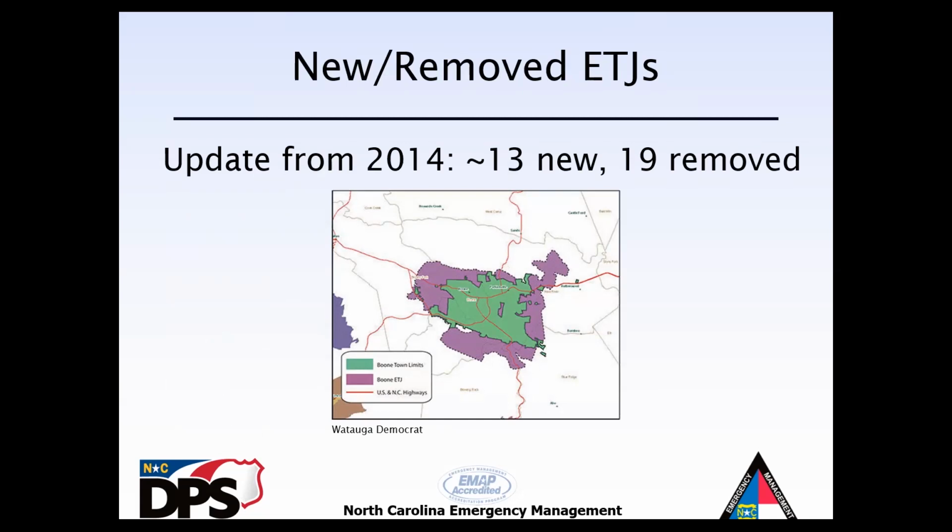From what I understand, this was a somewhat prominent news topic in North Carolina during late 2014, 2015, maybe 2016. But to give a very basic overview, the General Assembly passed a bill revoking the town's ETJ. The town then challenged that in state court, and ultimately the state Supreme Court upheld the General Assembly's law, and the ETJ has been removed.